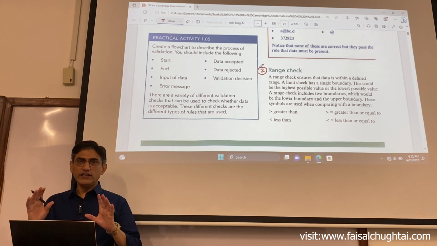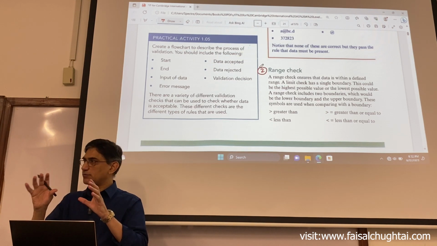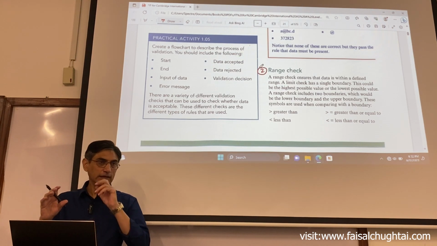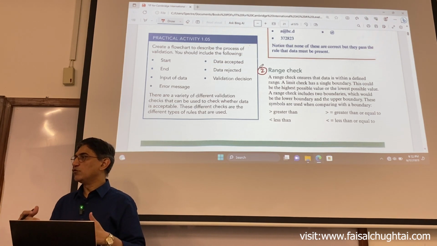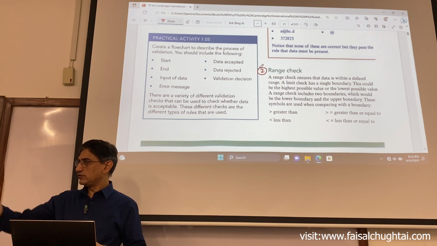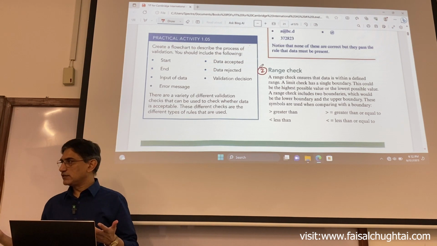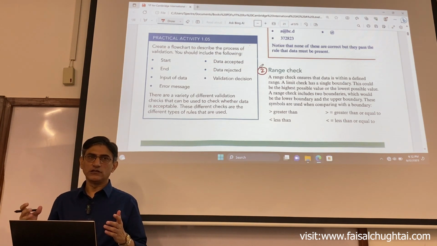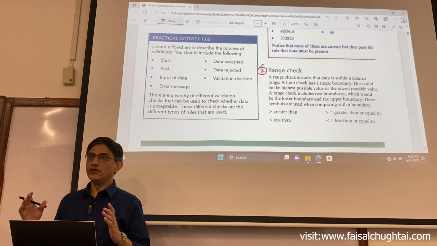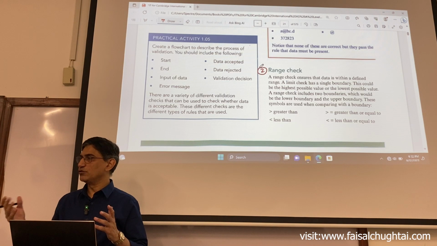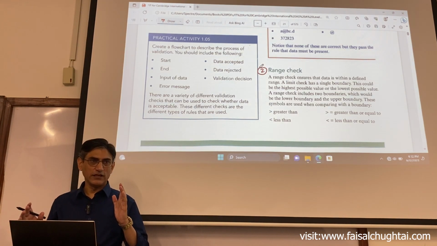So range means that there's a certain set of acceptable values that can be entered. Any value that would be entered outside it would be considered out of range and would not be accepted. Say for instance, there's an exam that has a total mark of 100. What should be the acceptable range of values in terms of marks? From 0 to 100. There is a possibility of getting 0.